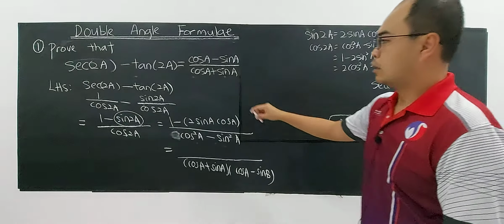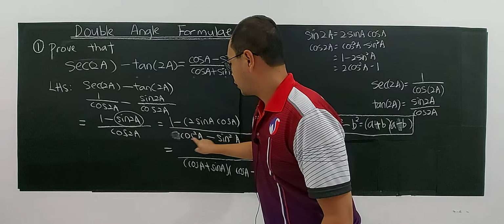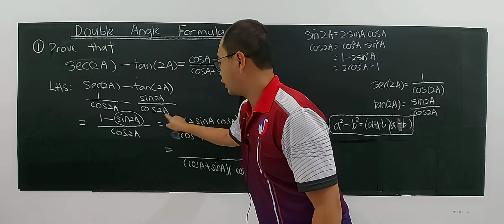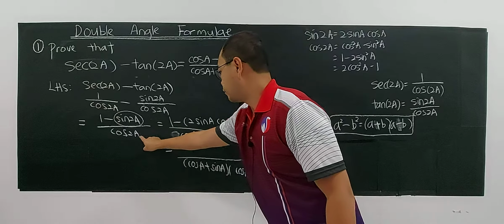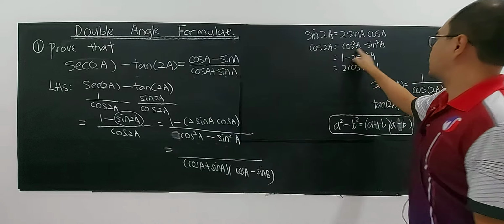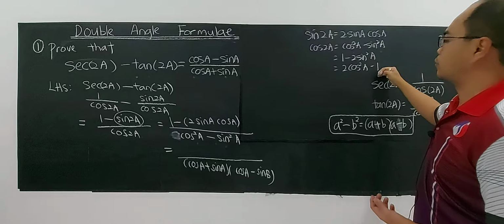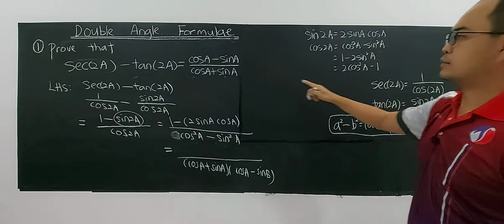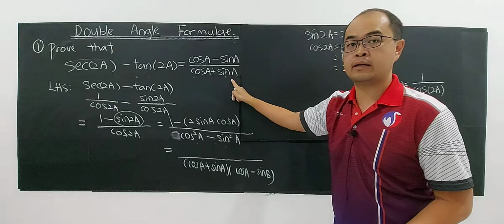So as you see, cos 2A can be rewritten as cos square minus sine square. I am just choosing one of the formulas, right? I choose this one because I see there is a cos A plus sine A here, a mix.